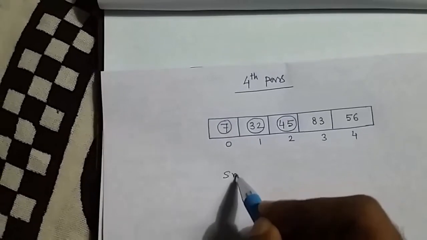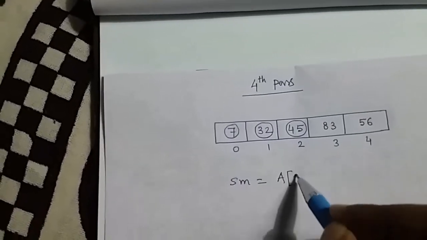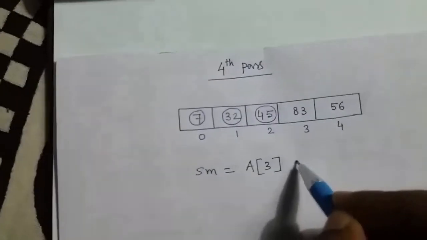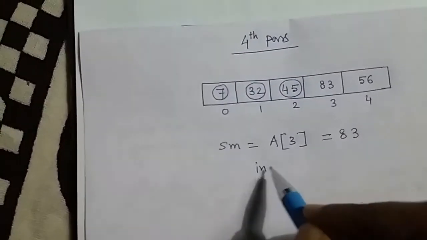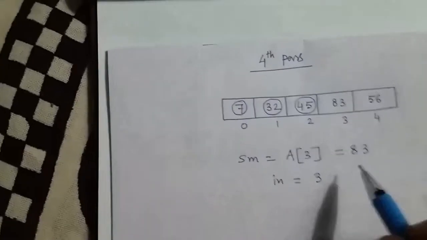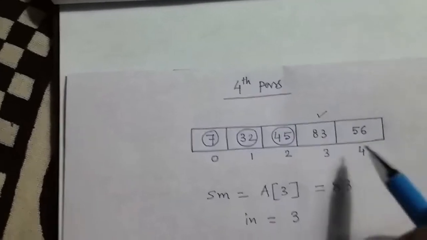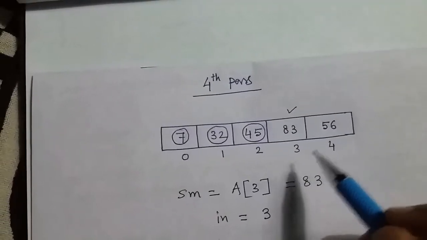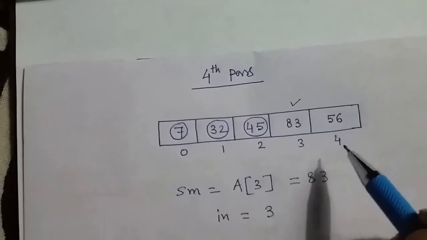So again, take the variable sm and consider the next element, that is a of 3. The value is 83, and the index of a of 3 is obviously 3. So I'm marking this one, and the only element that remains to be compared is 56, that is a of 4.